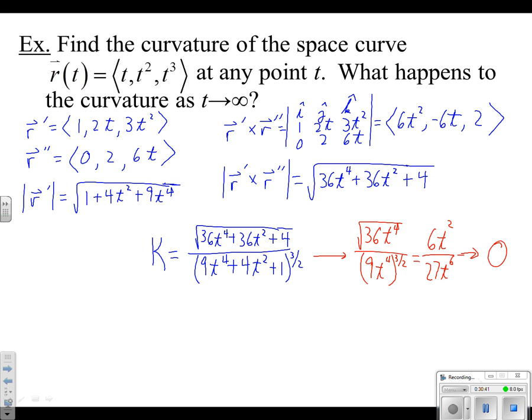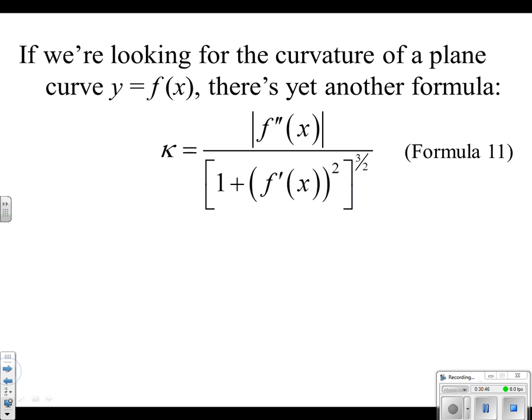Okay, so we got two formulas. There's one more formula for curvature I need to share. This one's fairly specific. If you're looking at a plane curve, and if that plane curve can be expressed as y equals f of x, then we can use formula 11.